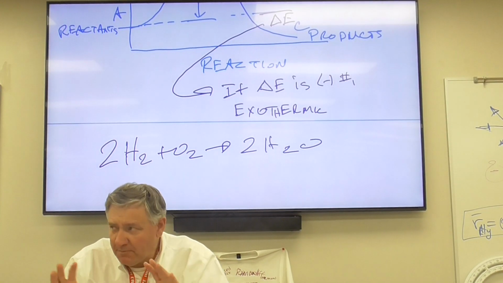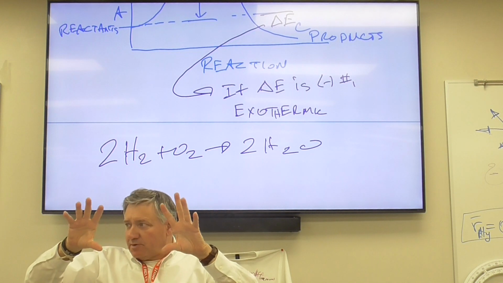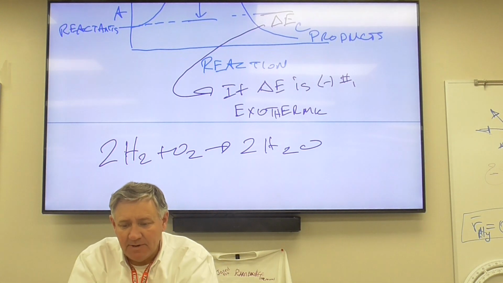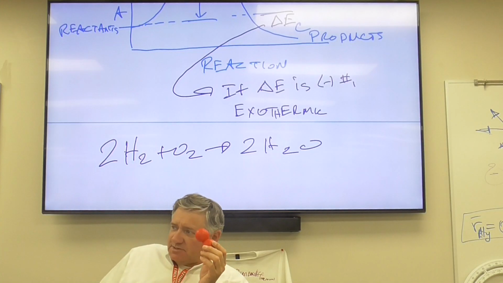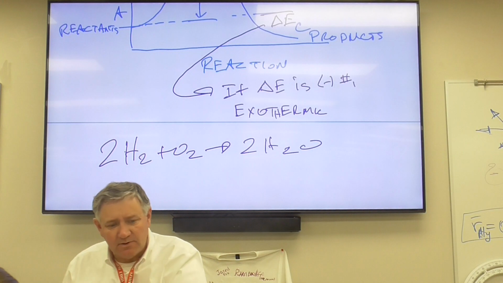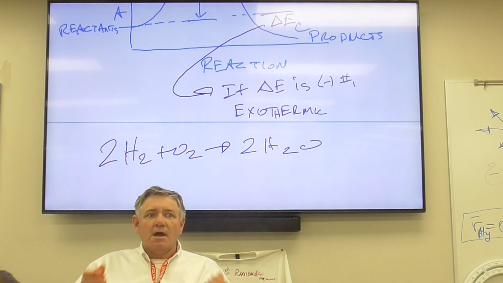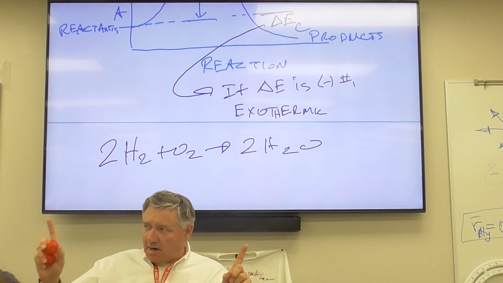So at that brief moment of time where those atoms have been broken apart, because I can't make water if my oxygen is stuck together, okay? I can't make water if my hydrogen remains stuck together. I have to break those bonds.